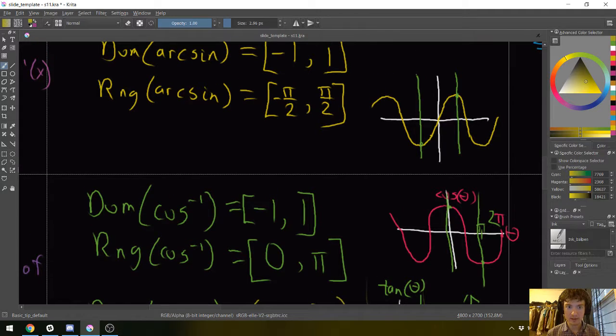Why is it that the range of arcsine is minus pi over 2 to pi over 2, but the range of arccos is 0 to pi? Now hopefully you can answer that question because you see the range comes from our choice of how to chop this function so it passes the horizontal line test, right? So we need different choppings for these two functions, which are shifted by pi over 2, in order to pass the horizontal line test.